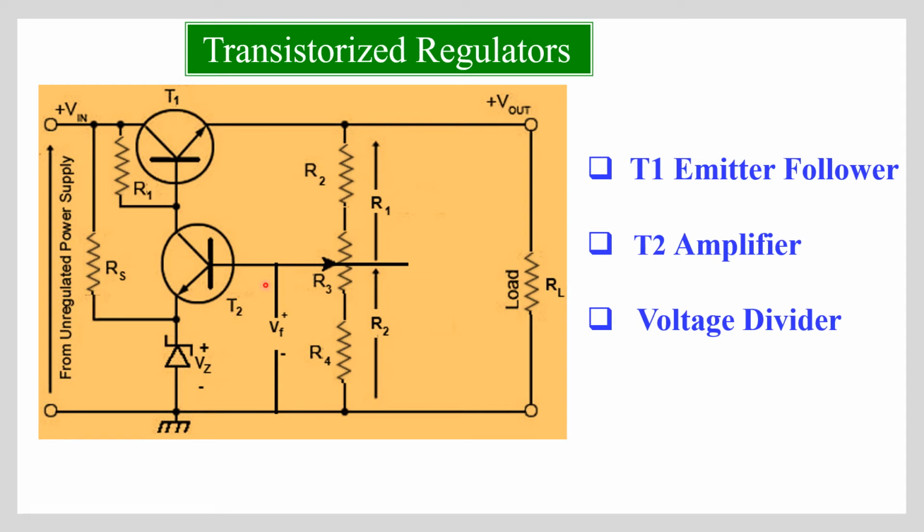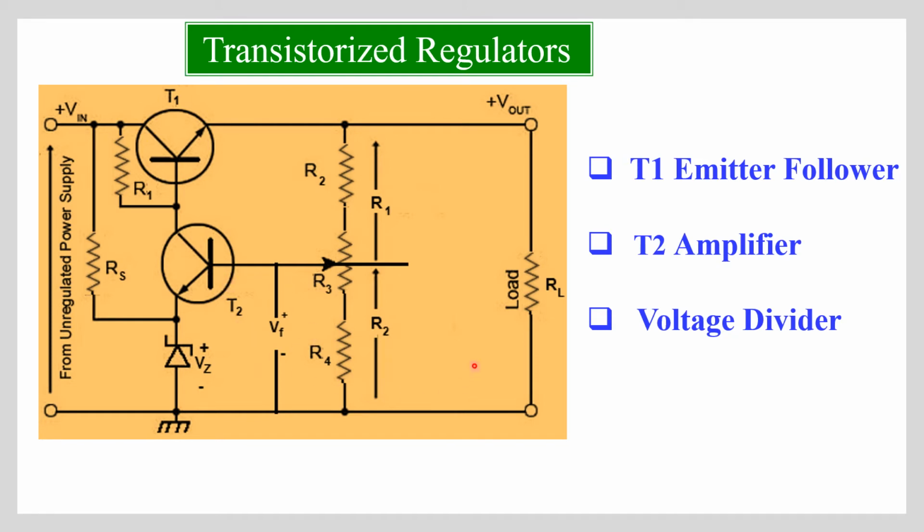Transistor T2 operates in the active region as a linear common base amplifier. It serves as a differential amplifier. A voltage divider formed by R1 and R2 samples the output Vout and delivers a feedback voltage Vf to the base of the transistor T2.